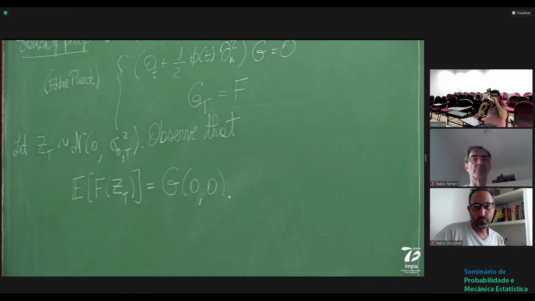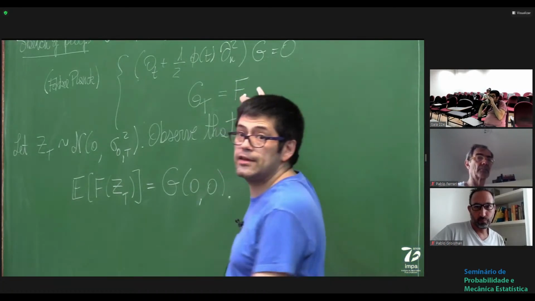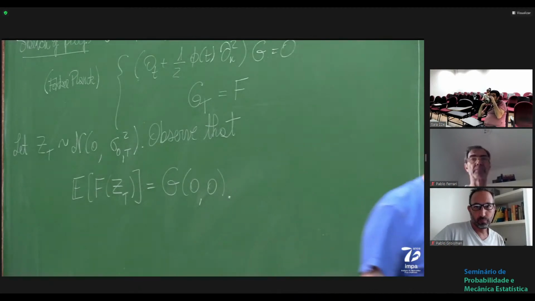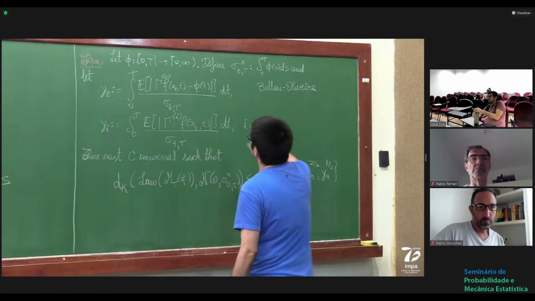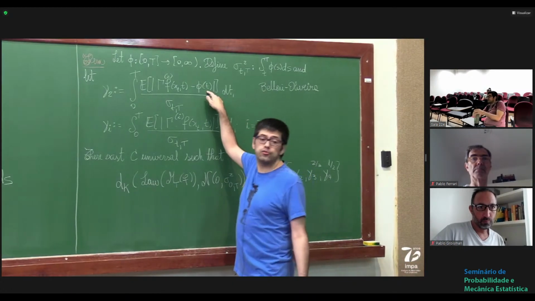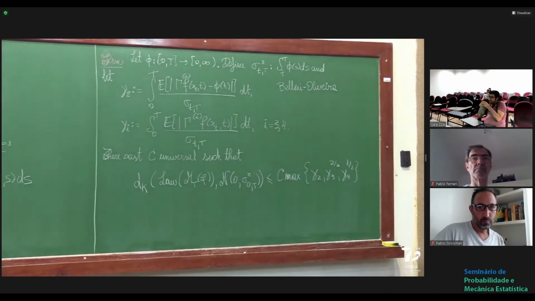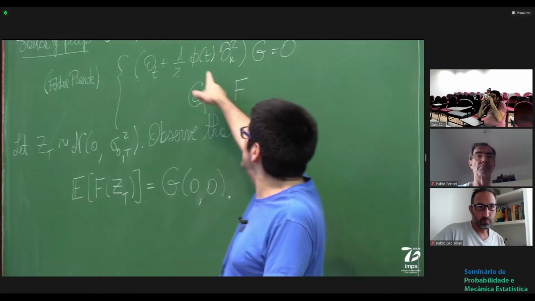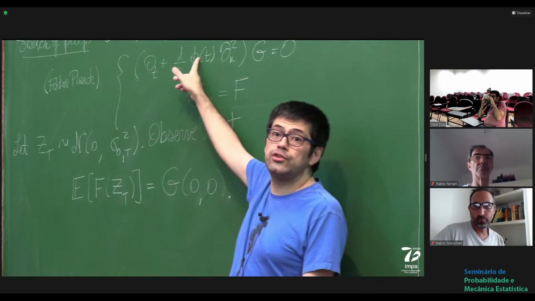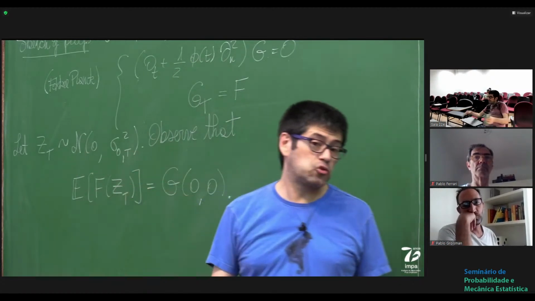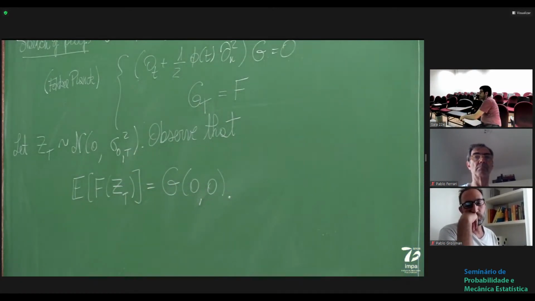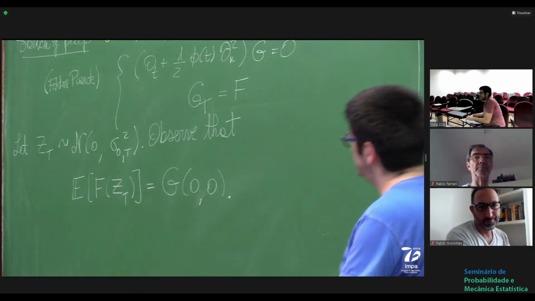How do you compute this expectation? You just solve this heat equation, and this is in line with the idea that this was somehow the instantaneous variance. So in this heat equation, you put the instantaneous variance in this position here, which is where the variance goes in the heat equation. It depends on time, but that is okay. You can check that this is actually true.